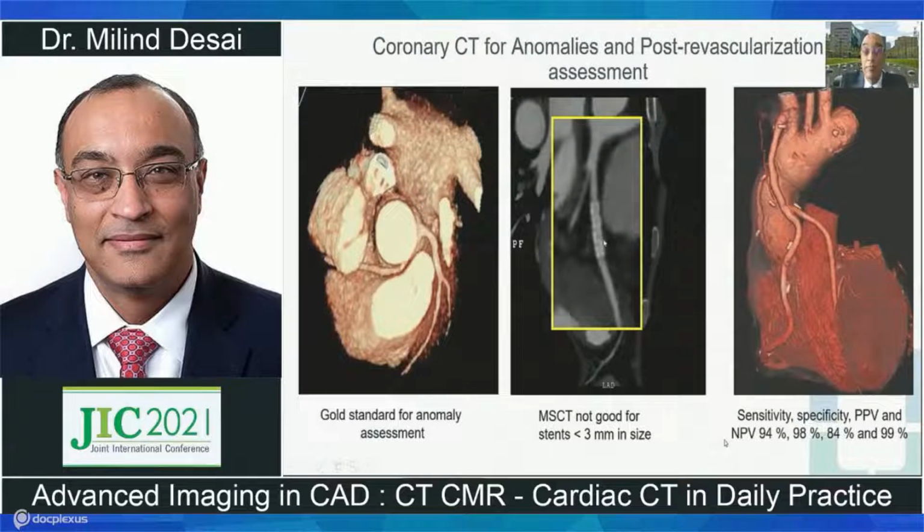In terms of post-revascularization following stent, in smaller stent sizes, CT angiography is not good, but if the size of the stent is at least 2.5, if not 3 millimeters inside, then it can provide a relatively high negative predictive value. On the other hand, CT angiography is excellent for diagnosis of bypass graft location as well as patency, with a very high negative predictive value reaching 99%.